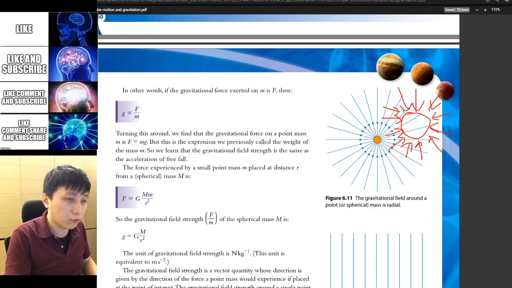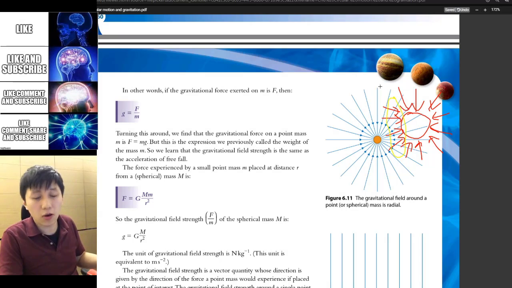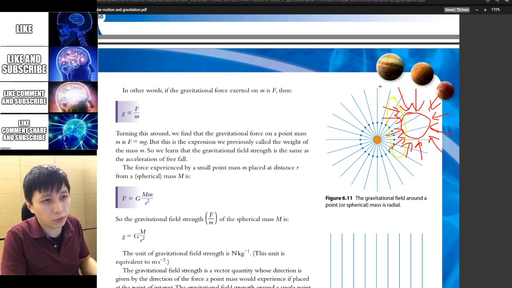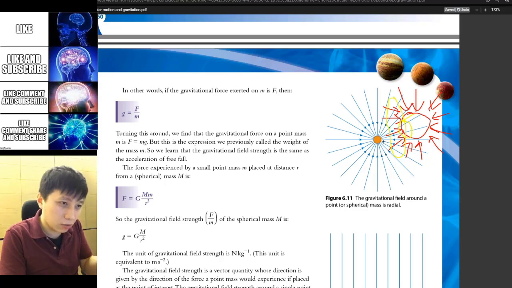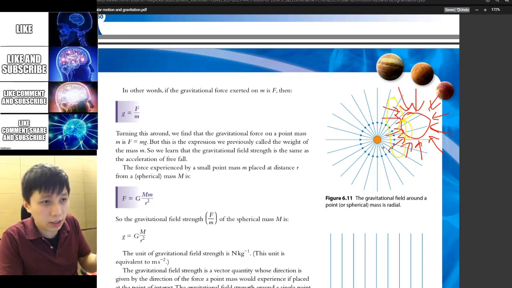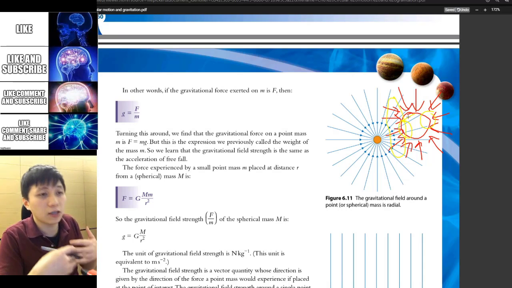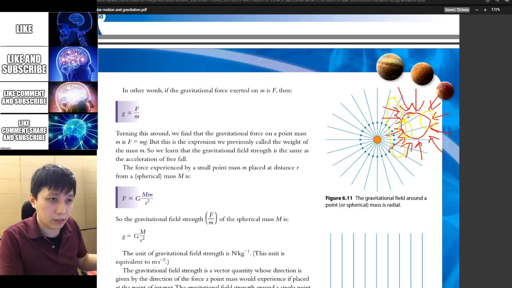So the field strength would no longer be like how it was earlier, and it's also impossible to account for the gradual change. So obviously here, if it's closer to the original planet, it's going to be stronger, and if it is further apart, then it is weaker, obviously.